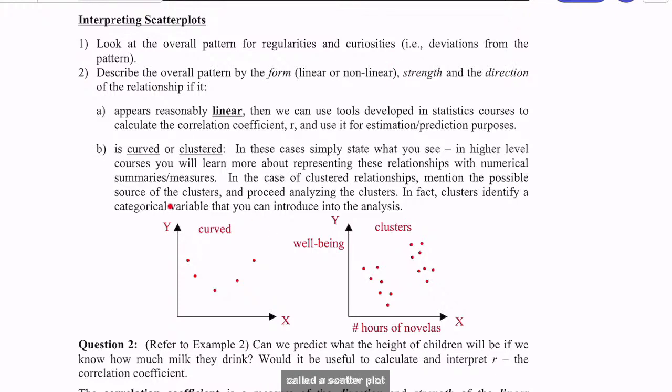So this drawing is called a scatter plot. You should be able to describe the overall pattern in its form, if it's linear or nonlinear, and then comment on the strength of that relationship and the direction of that relationship. And in particular, we care about linear relationships. So you should have your calculator with you. We're going to work with your calculator in a moment.